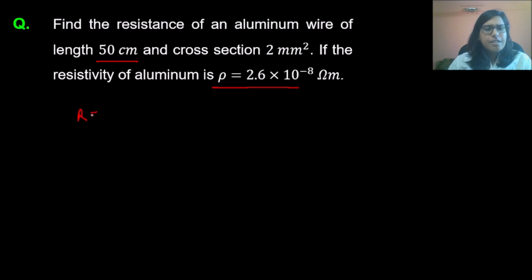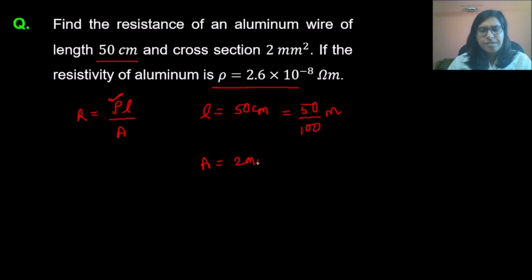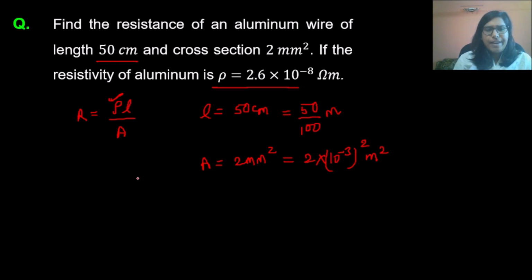Now resistance is rho into L upon A. Rho is given and that is in SI unit. L is 50 cm, so this will be 50 upon 100 meter. A is given as 2 mm square, so this will be 2 into 10 raised to power minus 3 square meter. So put the values of rho, L and A and we will find the value of the resistance.